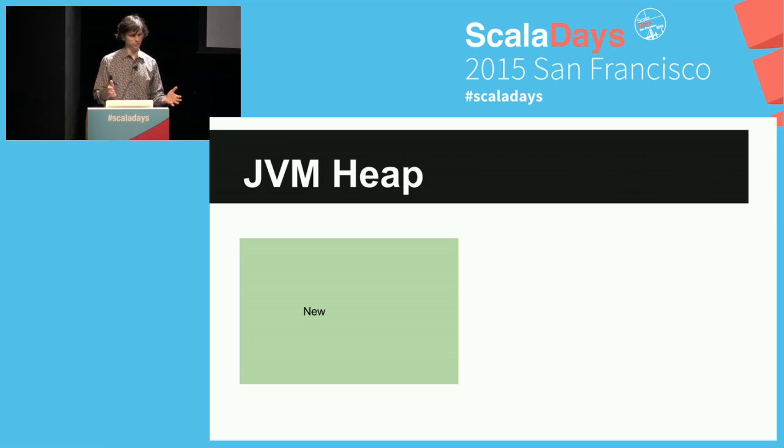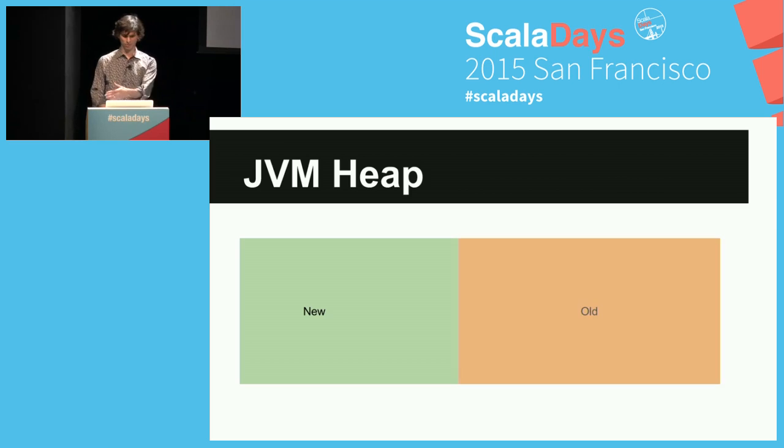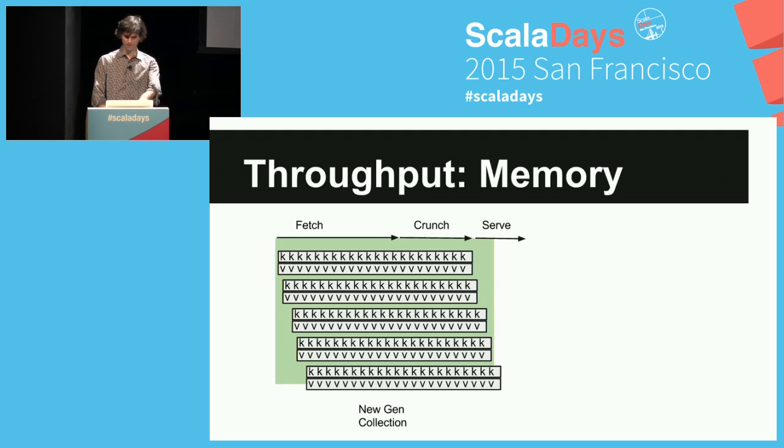And remember, the new generation is not all of your heap. You've got the old generation, that's at least half the heap, probably more. And really, the new generation has the Eden and these survivor spaces, and if something survives a collection, it actually has to go into one of these tiny little survivor spaces, so that's maybe 1/10 of the heap, if you're lucky. So you actually have to fit this stuff into very little space.